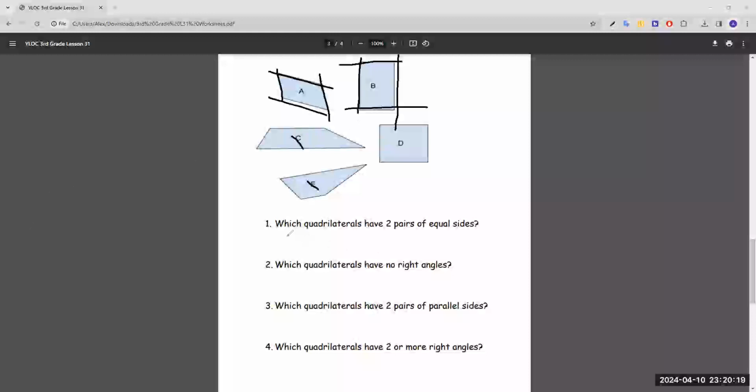Oh, wait. Sorry. Three is the one where it's A and B. Now, number four. Which quadrilaterals have two or more right angles? That would be the one where it's a square and rectangle, which is B and D.